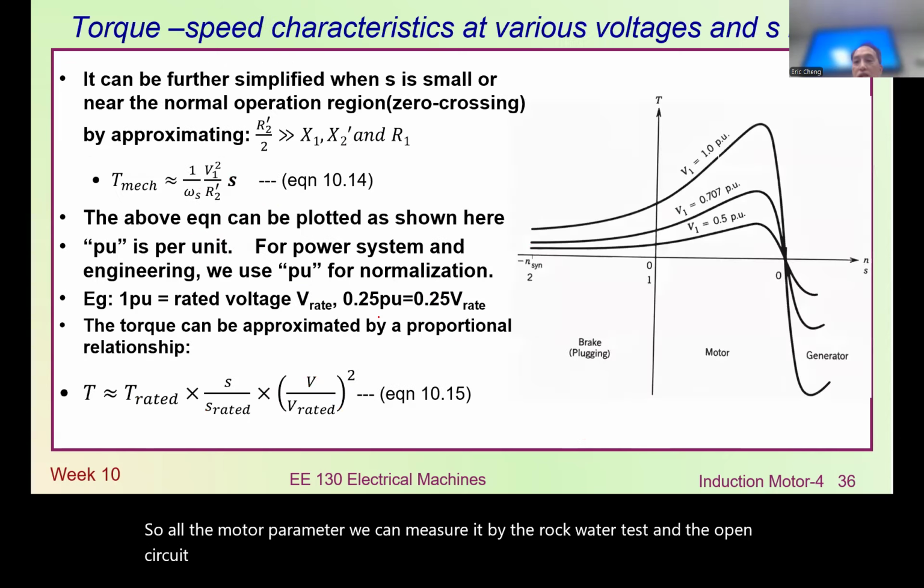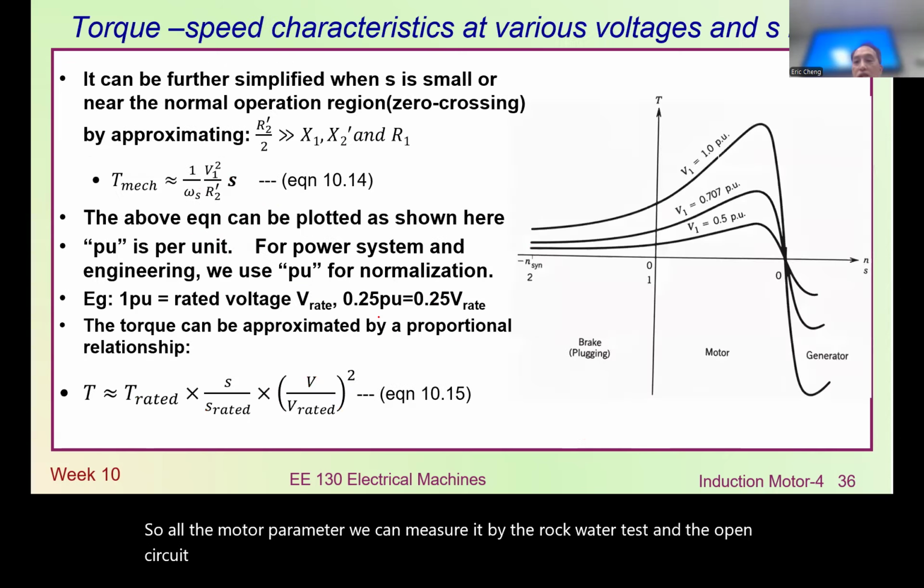Now if we would like to plot the characteristic for this, then we can get this curve. Bear in mind, when we change the voltage, the torque will be changed. In this formula, I use the PU, per unit value. That means if full voltage, rated voltage, is 100%, then 80% of full voltage I say is 0.8 PU.